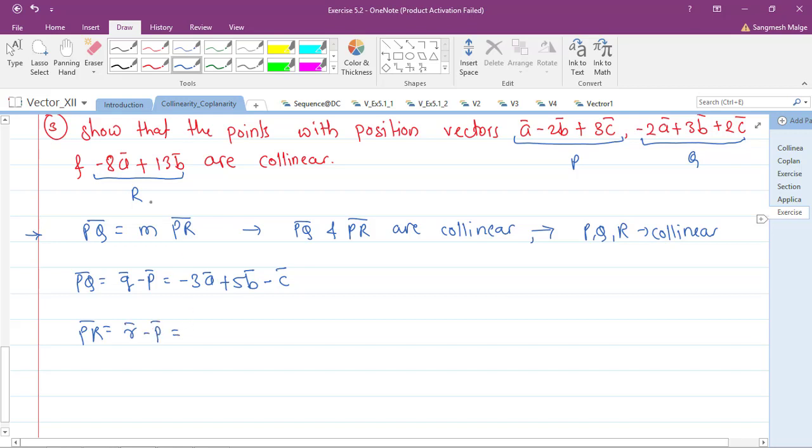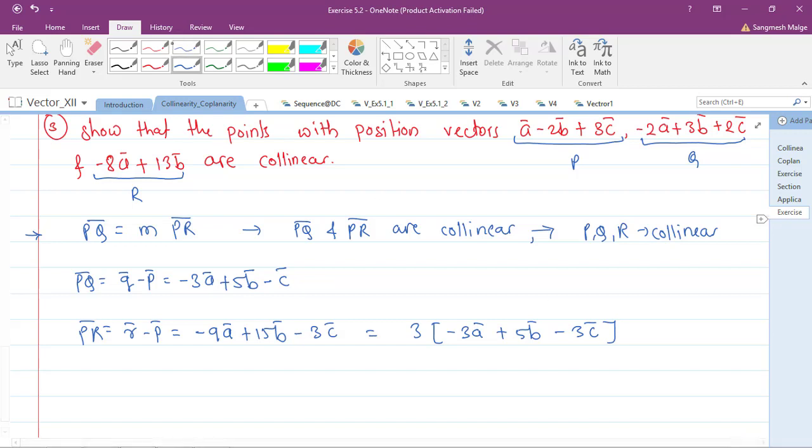Minus 8a bar minus a bar is addition, so minus 9a bar. Then 13 plus 2 is 15b bar. Then we have minus 3c bar. If I take 3 common, I get minus 3a bar plus 5b bar minus 3c bar.